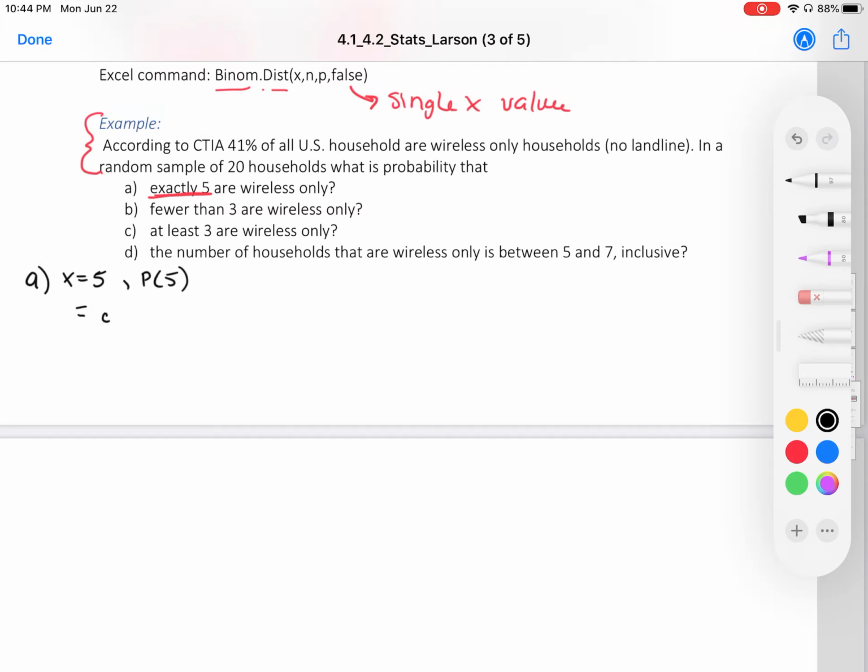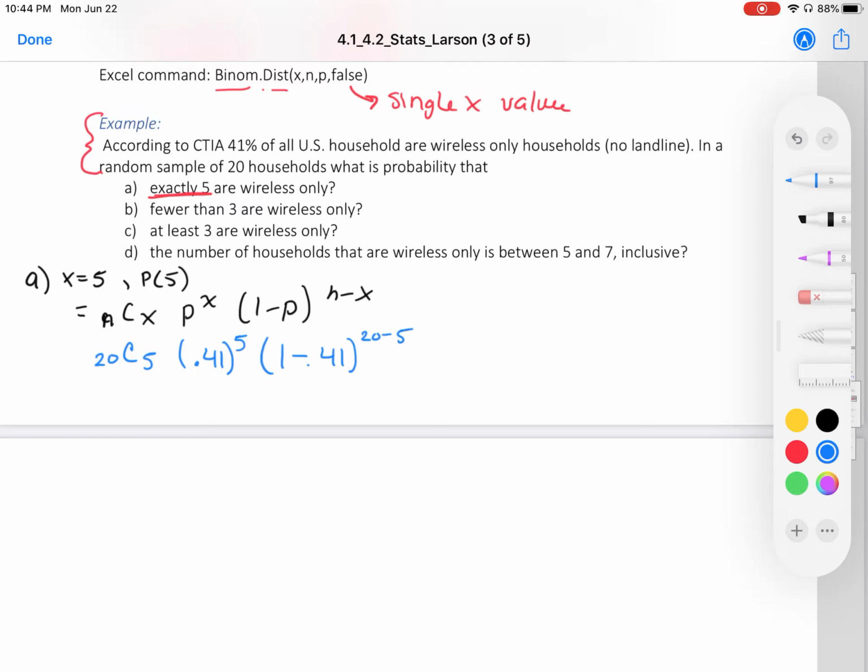Okay, so this would be, let's write down our formula: n choose x, p raised to the x power, 1 minus p raised to the n minus x. So this would be 20, that's our n, choose 5. Our probability, which is 41%, so 0.41 raised to the x power, 5. 1 minus 0.41 raised to the n minus x, 20 minus 5.